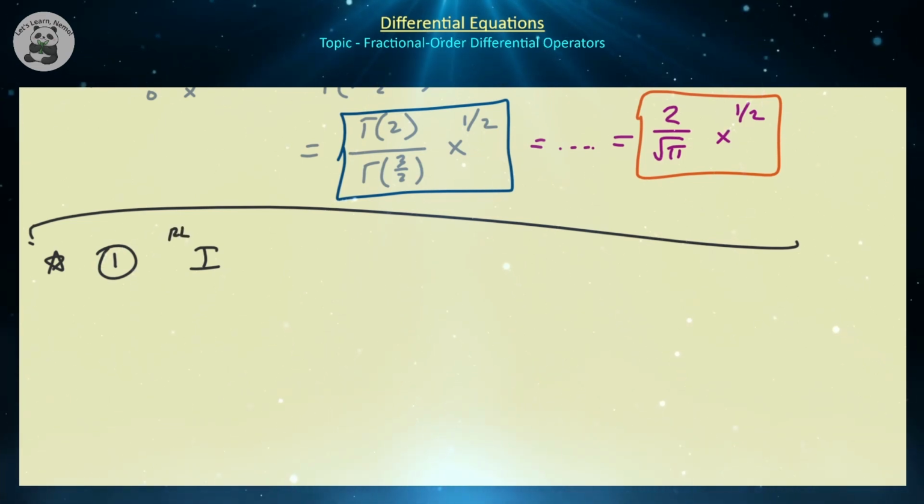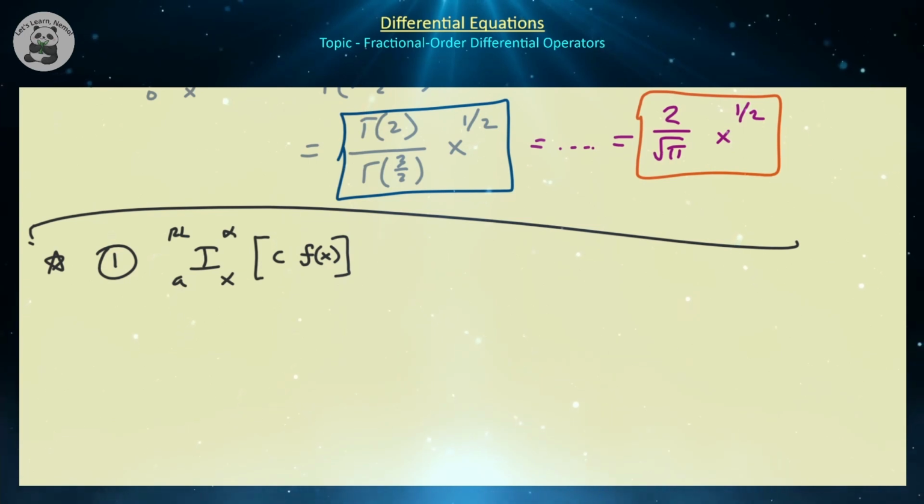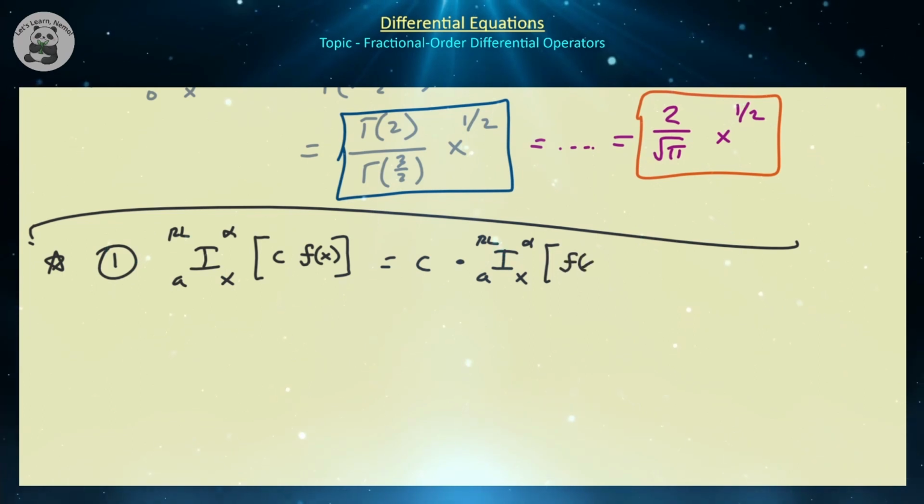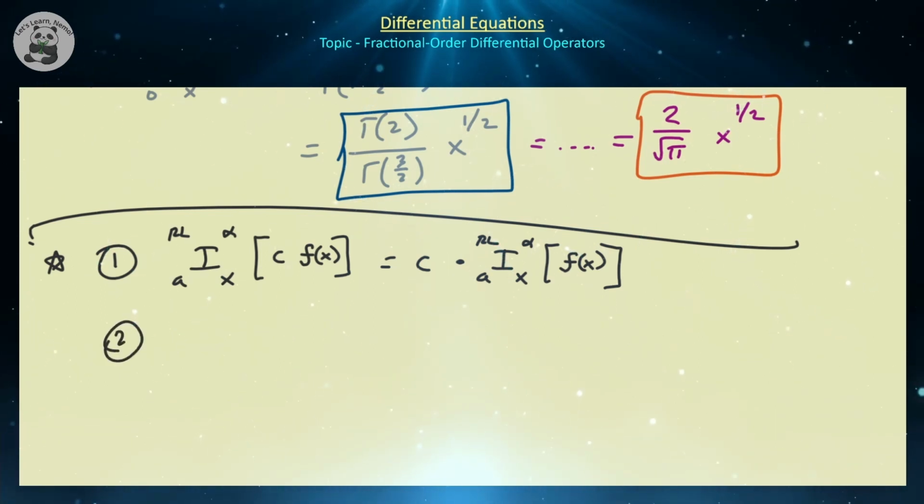So the Riemann-Liouville fractional integral with base point a of a constant times some fractionally integrable function f is going to be equal to c times the Riemann-Liouville fractional integral of order alpha, base point a, of that function f of x. So for Riemann-Liouville fractional integrals, constants still can factor out of them, so that's a pretty nice property.